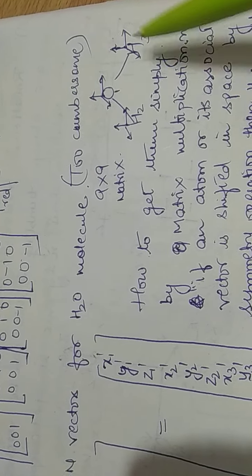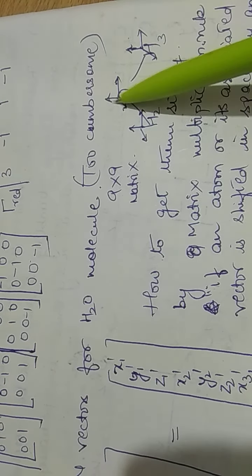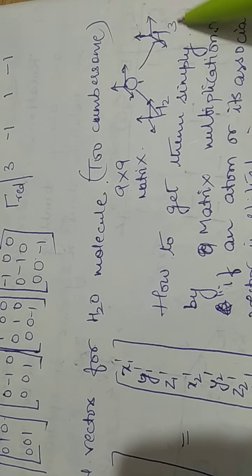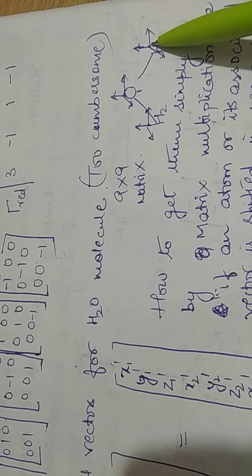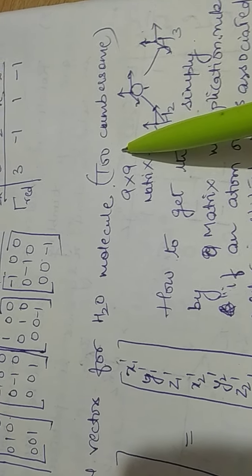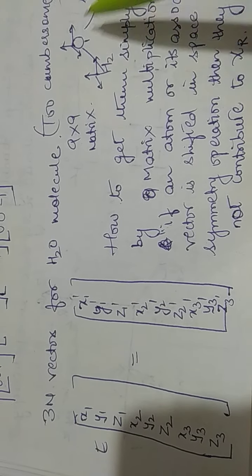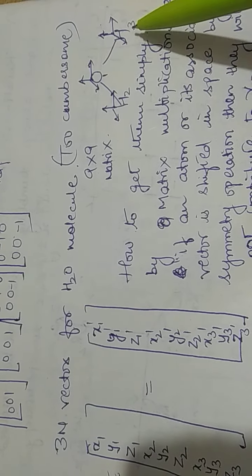Every atom is expected to have 3 coordinates, right? So we are going to see how each coordinate changes in every atom. So how much does it become? 3, 3, 3, a 9x9 matrix. Every atom: suppose this is the first atom I have represented, oxygen, this is the second, and this is the third.